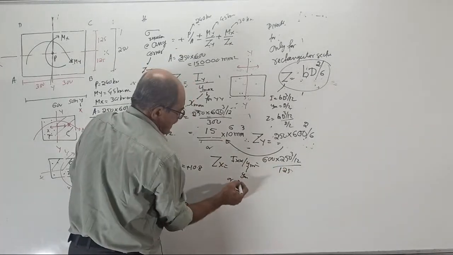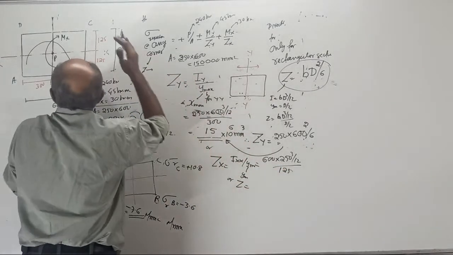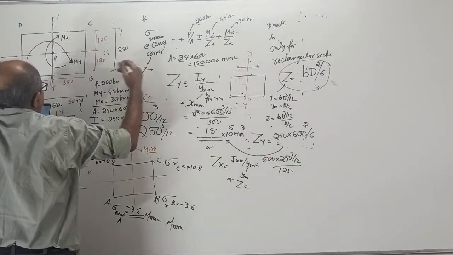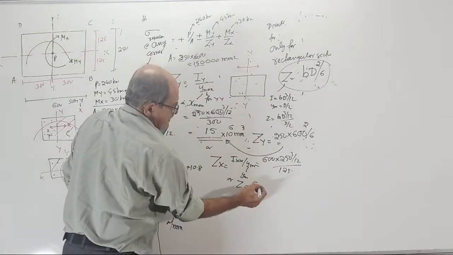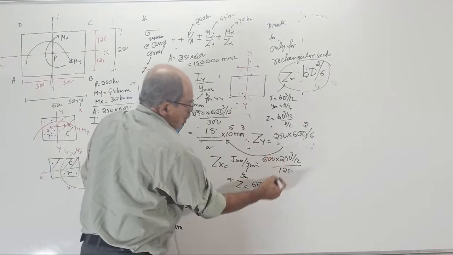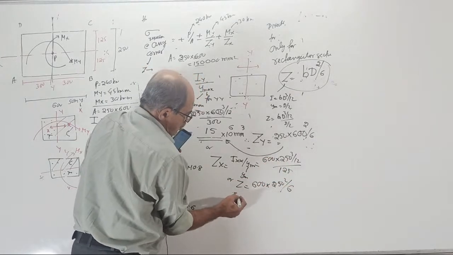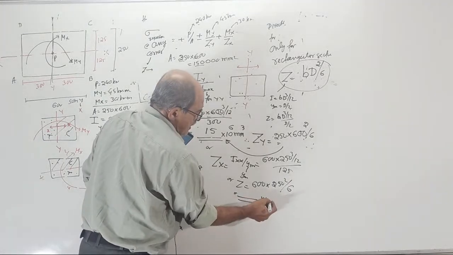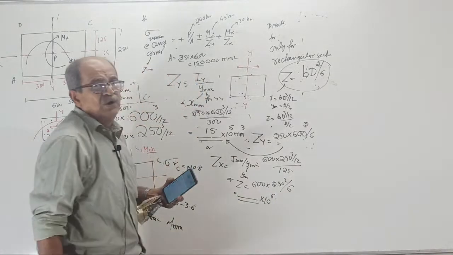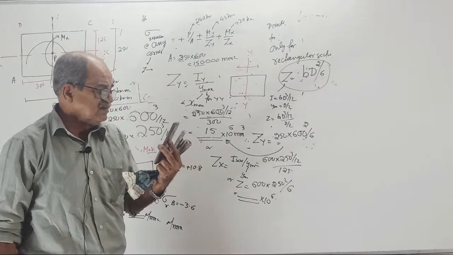Or you can write directly, with respect to x-axis, parallel side is 600 into, don't cube it, 250 square divided by 6. You can do whatever way you want. Tell the answer.